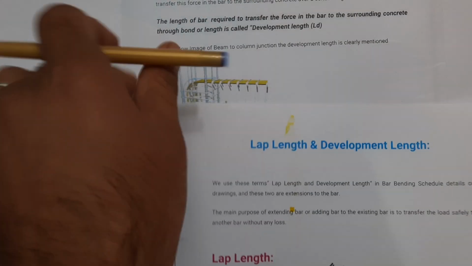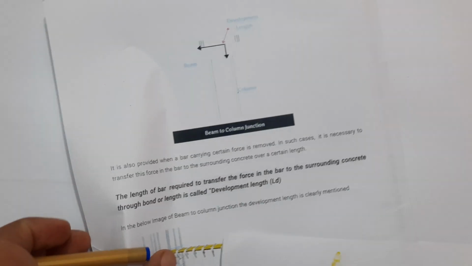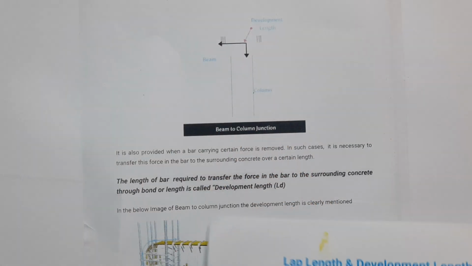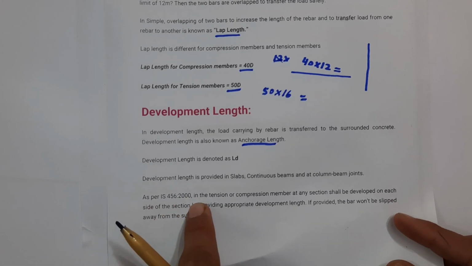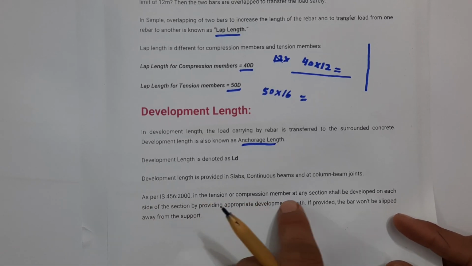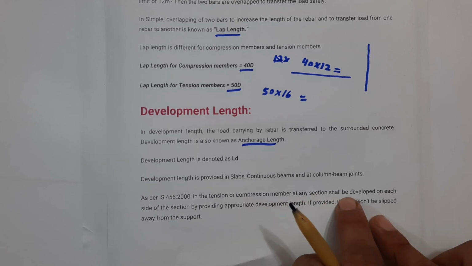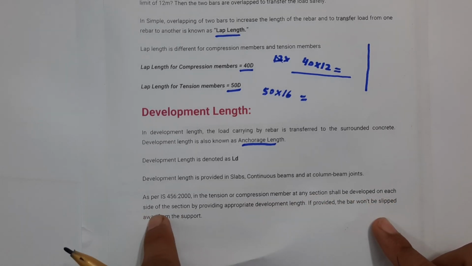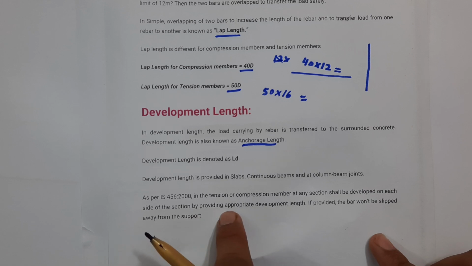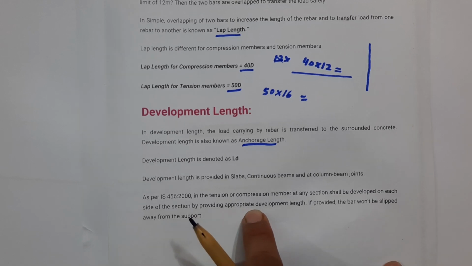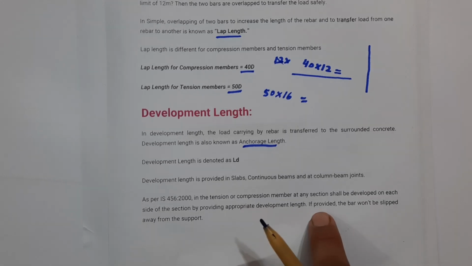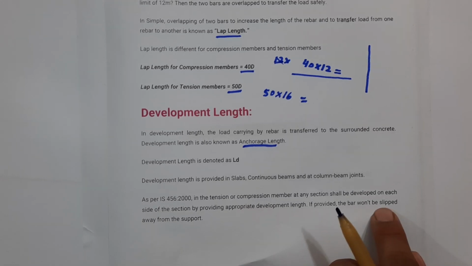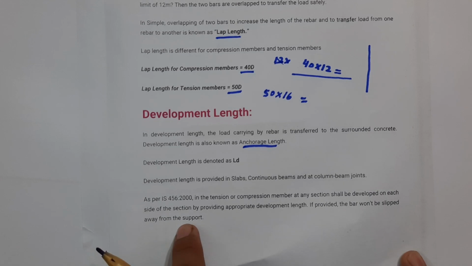Remember, as per IS 456/2000, a tension or compression bar at any section shall be developed on each side of the section by providing the appropriate development length. If provided, the bar won't be slipped away from the support.